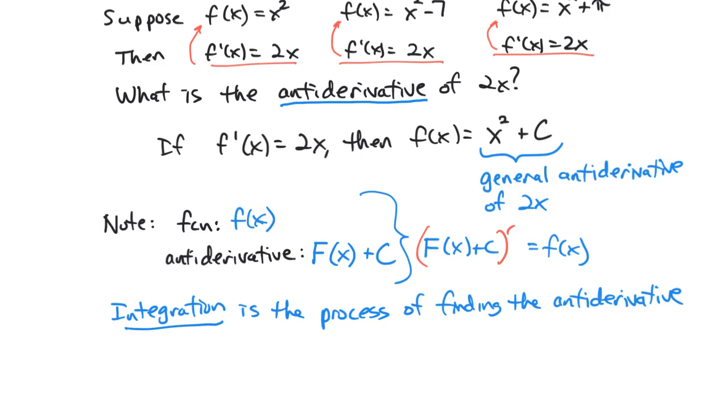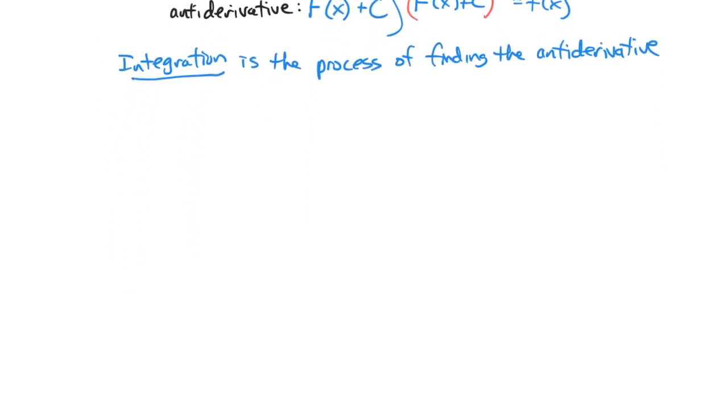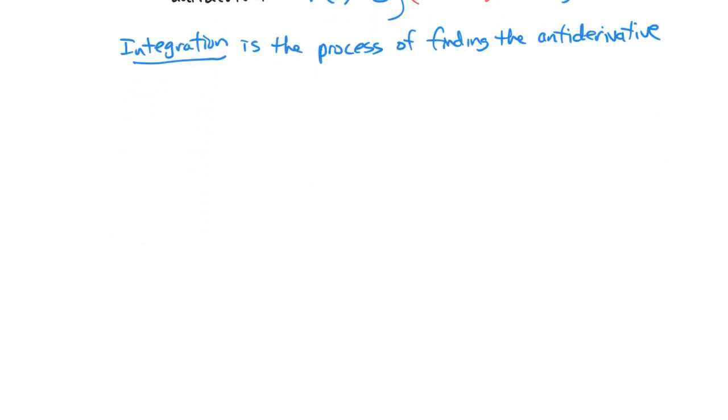But to get started here, I'm just going to mention a couple of things and see if we can come up with a formula. So I'm going to make up some example problems here. We've already seen if f prime of x equals 2x, in other words, the derivative of this function, f prime of x, is 2x, we have seen that that implies that f of x, the function itself, is x squared plus c.